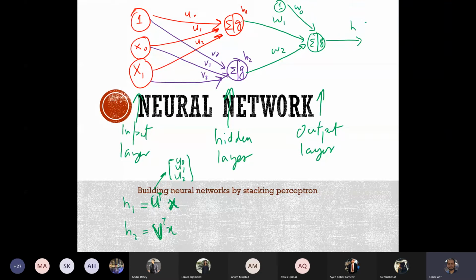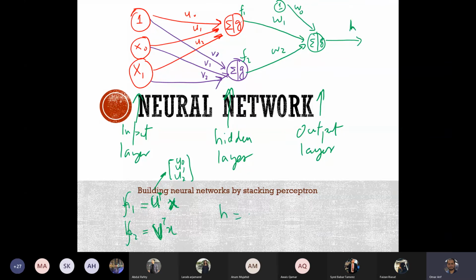Or to distinguish it, probably what I should do is call them F1 and F2. F1 and F2, and this is then the final output.